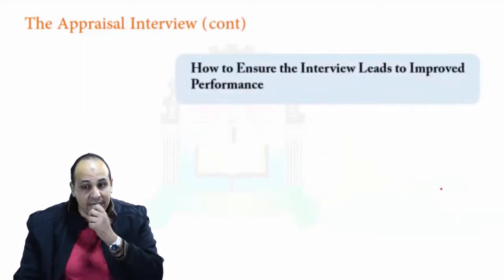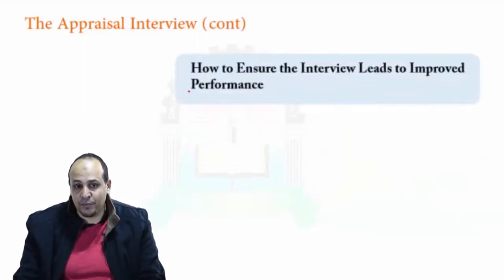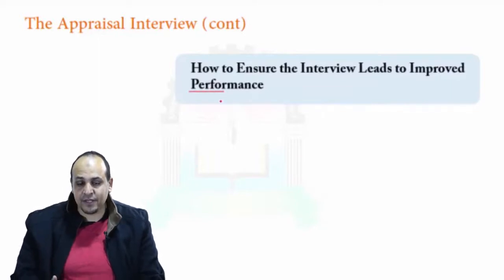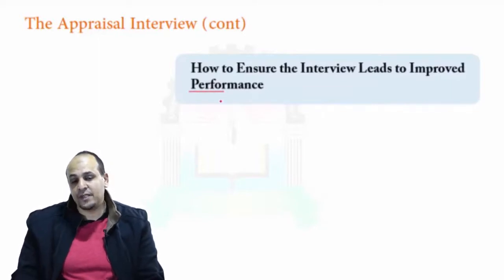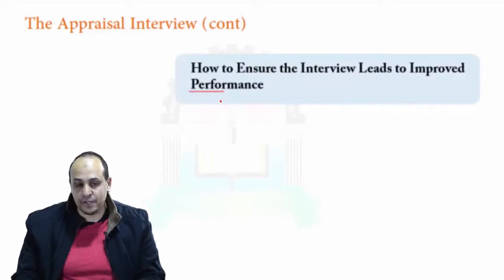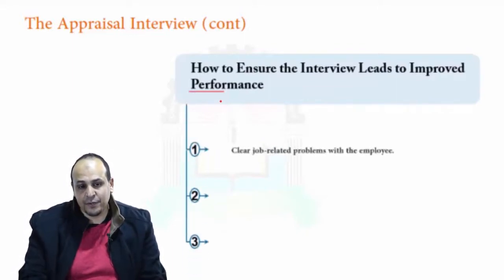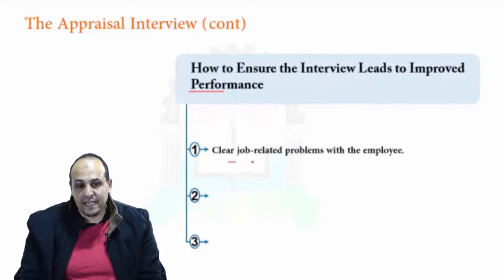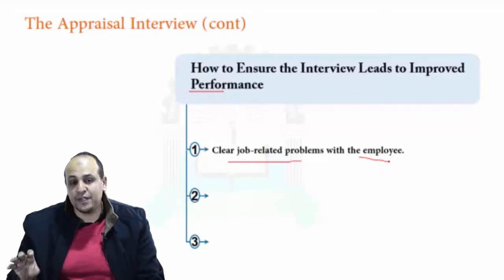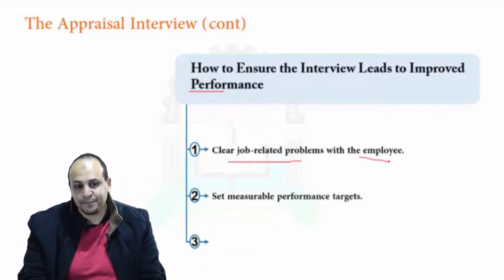Now, how do we ensure the interview leads to improved performance at the end? This interview is meant to correct deficiencies or reinforce good performance. So that is why we have to tackle this issue. Clarify job-related problems with the employees, so only relevant issues should be discussed.